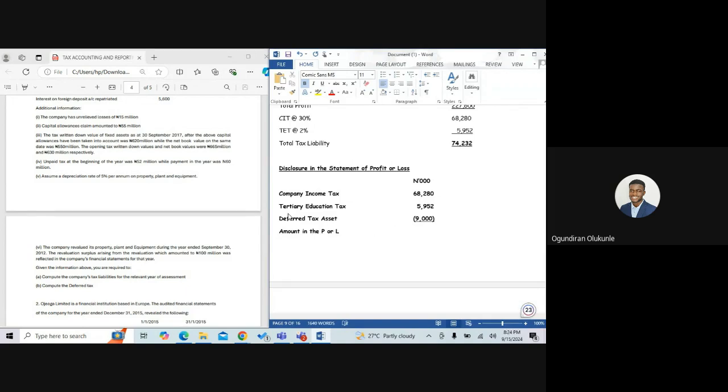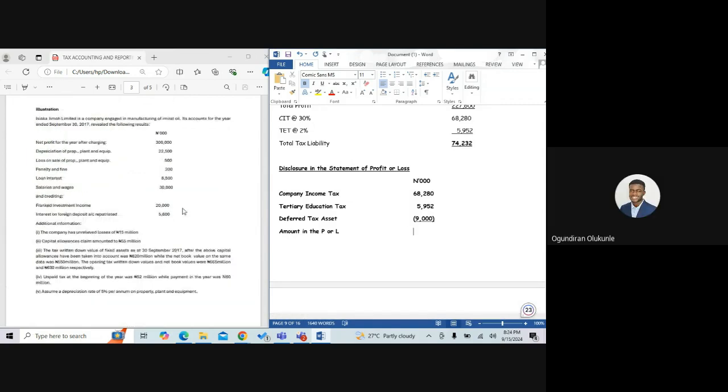Please help me. Which question is this? The very first illustration, the first question we solved in the last class.